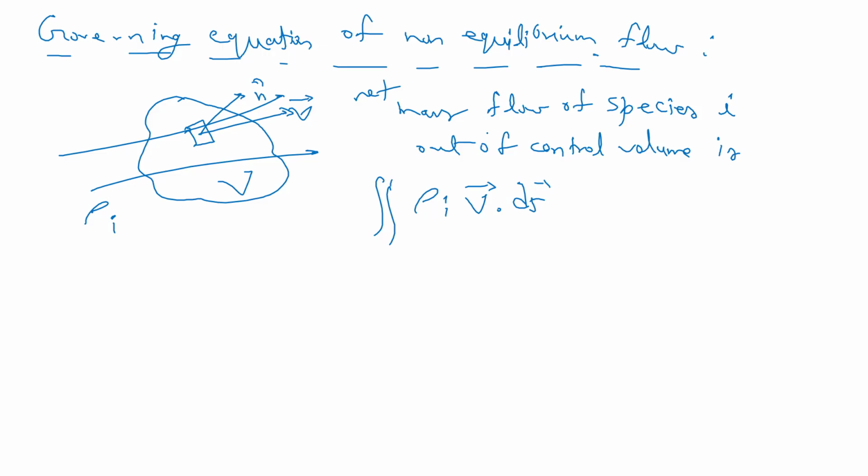As we are in the general derivation, this is the mass flow of species I which is going out of the control volume. V dot dS is the direction of the normal to the small control surface dS.